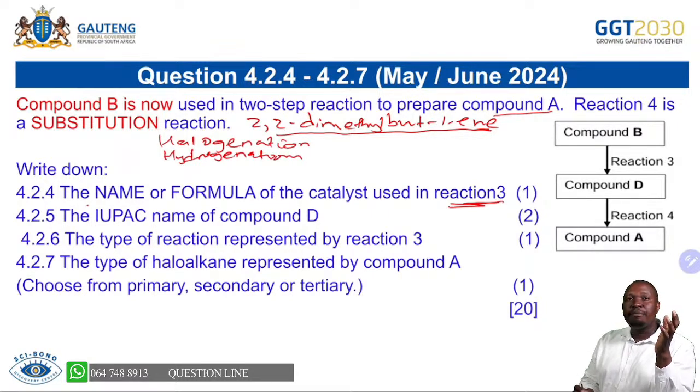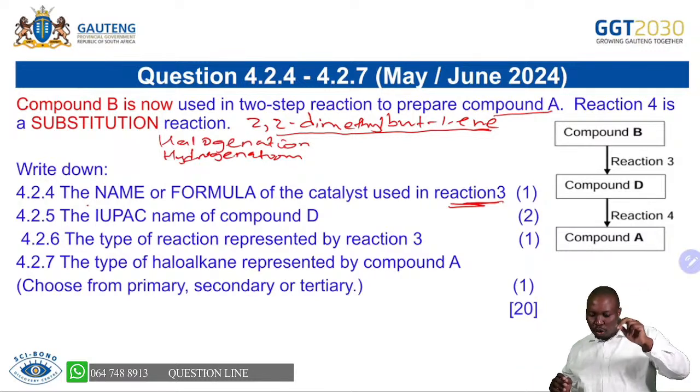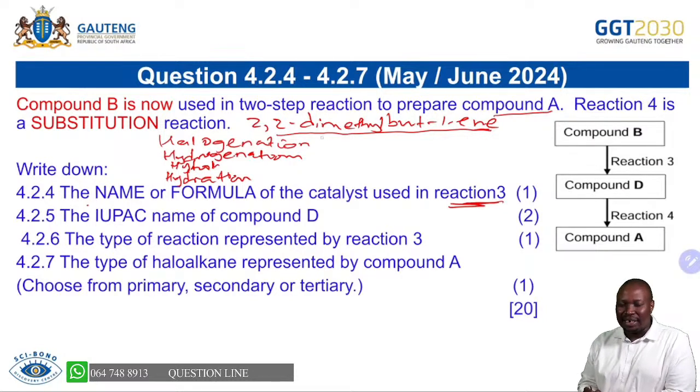The catalyst there is platinum, palladium, or nickel. The third, which has a reaction condition, is when we are adding water. Remember, adding water is hydration, whereas adding HCl is hydrohalogenation, where the reaction condition is that no water must be present.